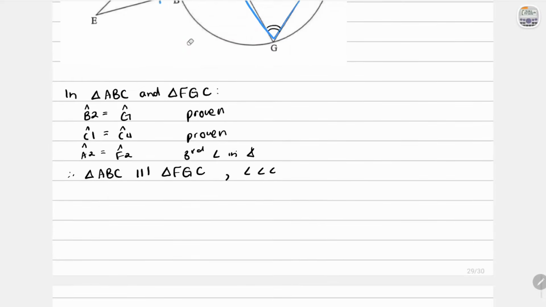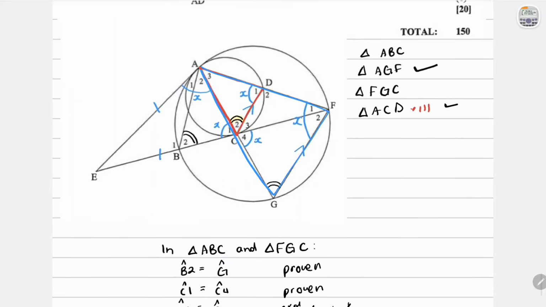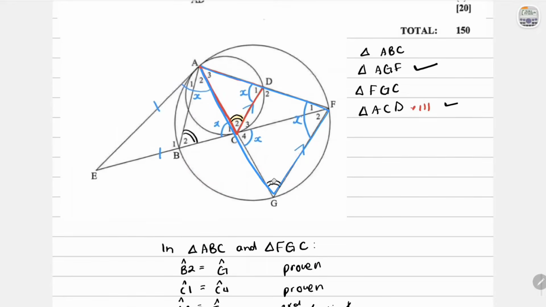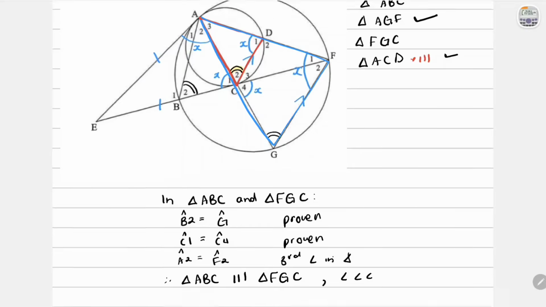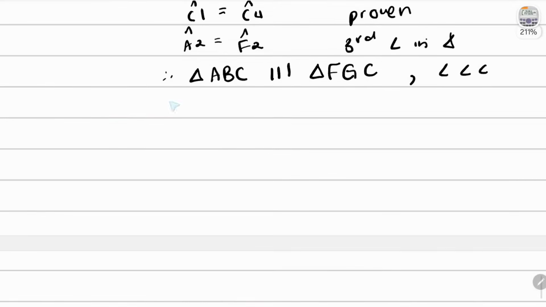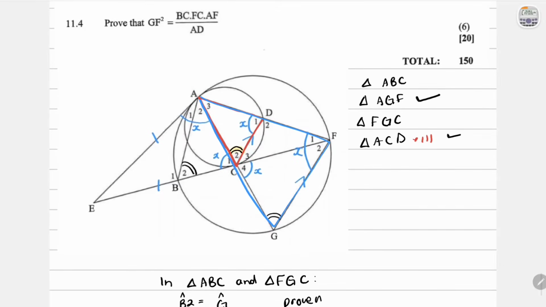The only thing we can tell them is about those corresponding angles, because they already told us that these two lines are parallel. So of course, ACD is similar to AGF. That's how we go about proving the proportionality theorem. So we can just show them that angle C2 is equal to angle G and then conclude that they are similar. Therefore, these two triangles are similar, triangles ACD and AGF.